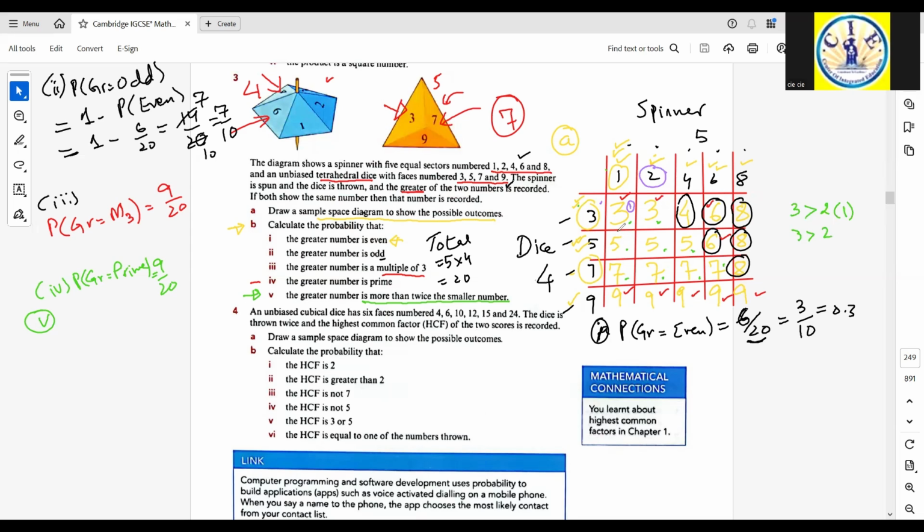What about 5 and 1? Twice of 1 is 2, so 5 is more than twice of 1. So yes, this is going to be counted. Then 5 and 2. 2 times 2 will give me 4, so this 5 is more than 4, that is twice of 2.